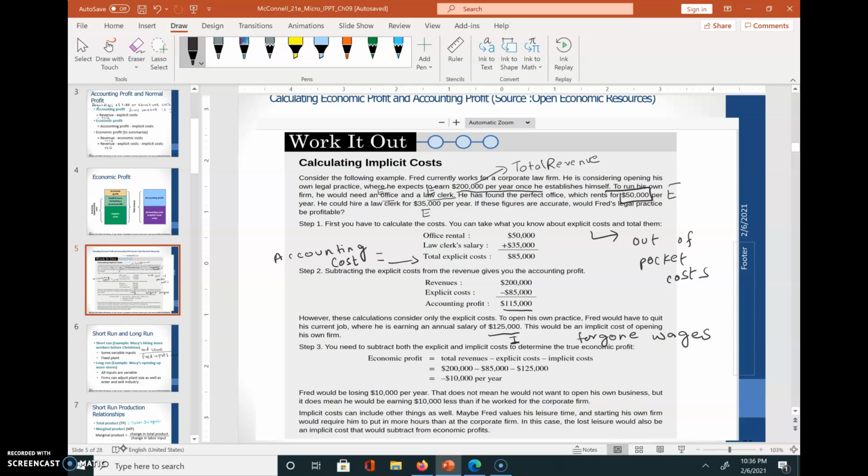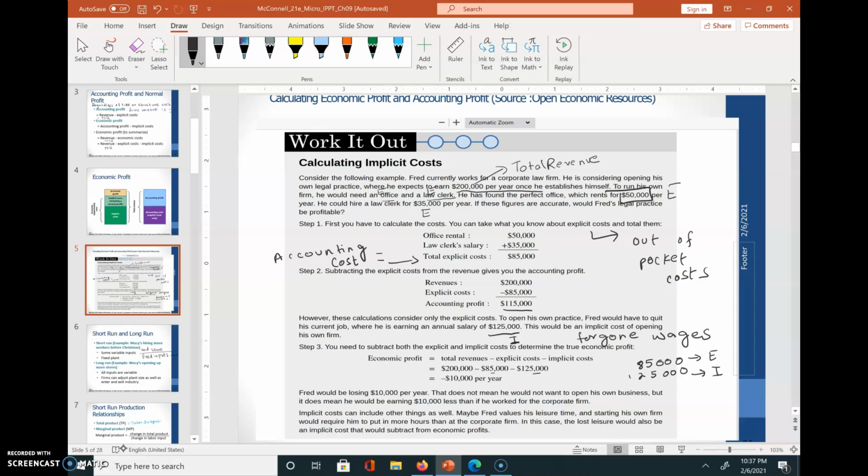This economic profit is total revenue. From that I take off this explicit cost and implicit cost of production. And this 85,000 and 125,000 together, let me just write it down here. So this 85,000, this is explicit. Then we have $125,000.